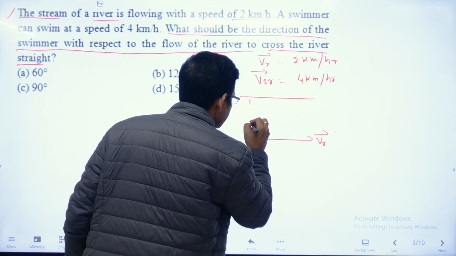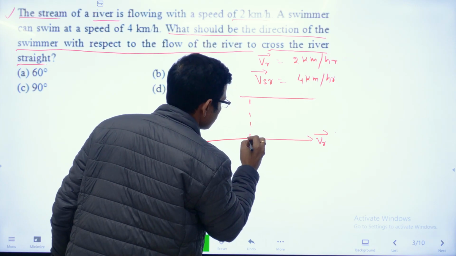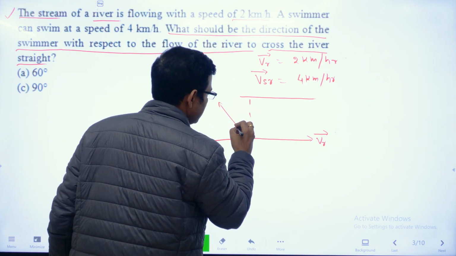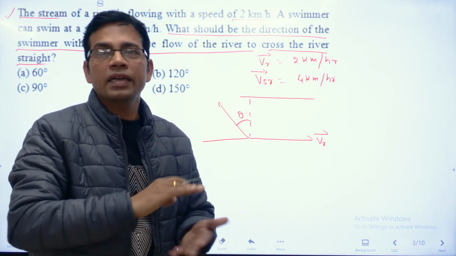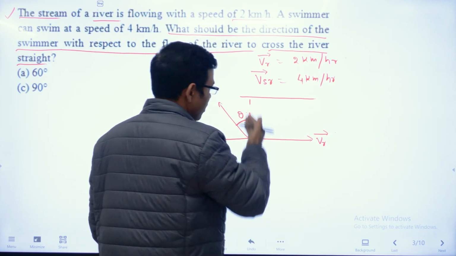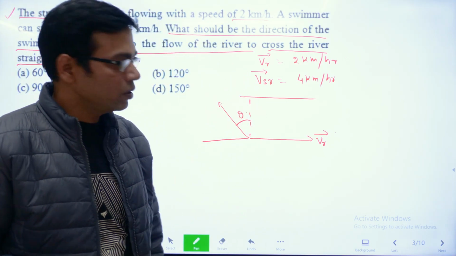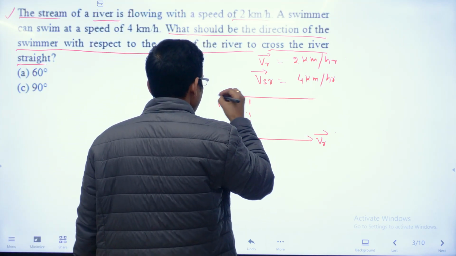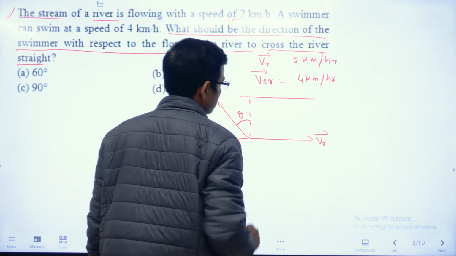And suppose we consider that the direction of the swimmer is theta with the vertical. Vertical means perpendicular to the direction of the flow of the river. So this is the velocity of the swimmer with respect to the river.